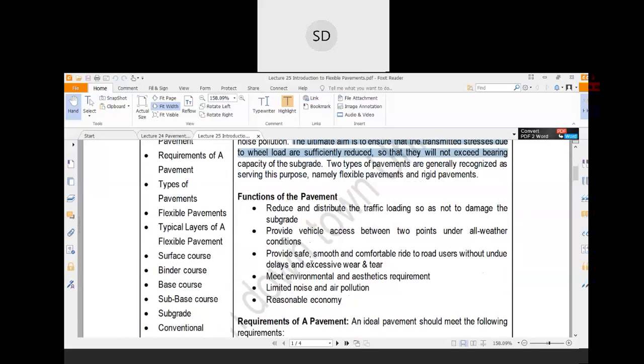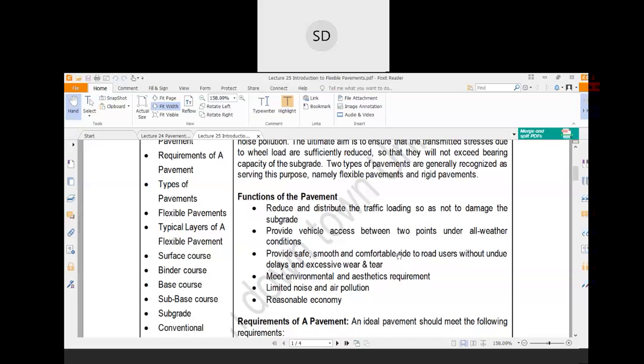Now, there are different functions of the pavement: reduce and distribute the traffic loading so as not to damage the subgrade; provide vehicle access between two points under all weather conditions. Suppose you are making a road, that road should be usable in all weather conditions so that it can be accessible throughout the different seasons of a year.